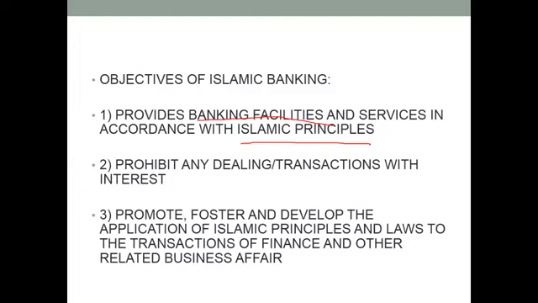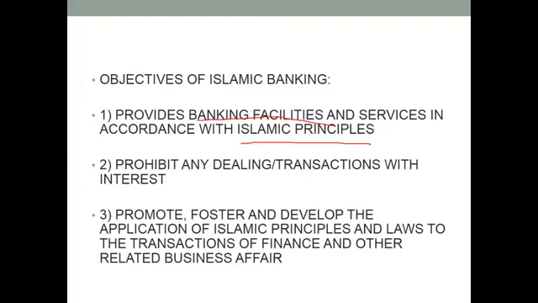Our system is moving in parallel, conventional and Islamic, so you can choose Islamic or you can choose the conventional, right? And Islamic banking has to perform really well as compared to conventional finance, right?